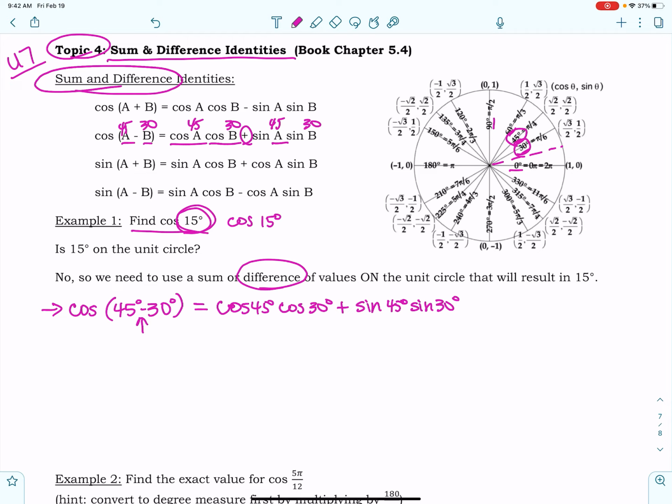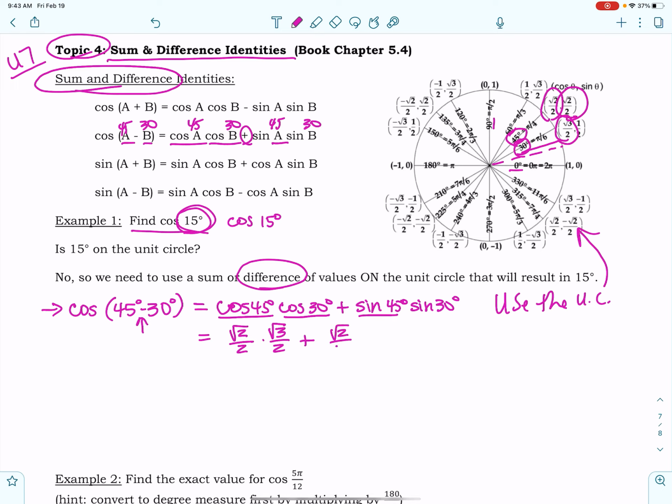Now what I have to do is use the unit circle now to replace cosine 45 with its value in the ordered pair. So cosine 45 degrees is going to be radical 2 over 2. So I'm replacing this with radical 2 over 2. I'm replacing cosine 30 with this value, radical 3 over 2, plus sine 45 is this, so radical 2 over 2.